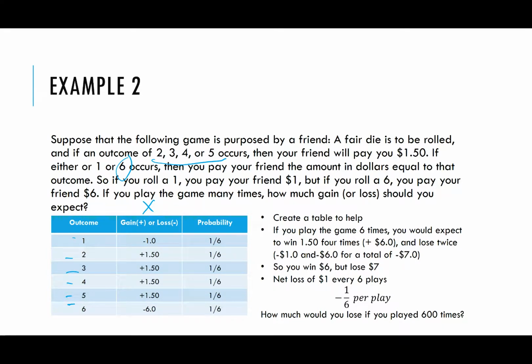If you were to play 6 times and theoretically each result shows up once, one of those 6 times you're likely to roll a 1, which means you would lose $1. 4 out of those 6 times you're expecting to win $1.50. And then 1 out of those 6 times you're expecting to lose $6.